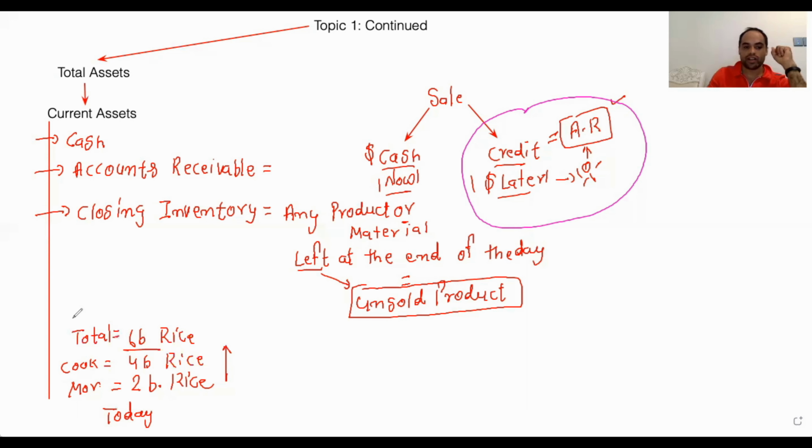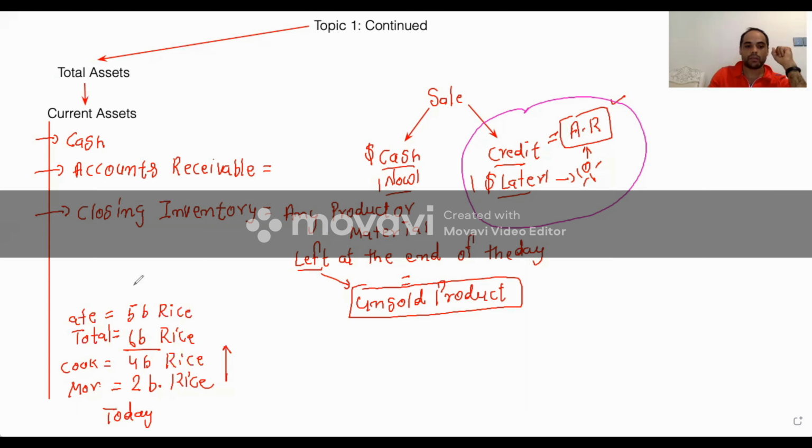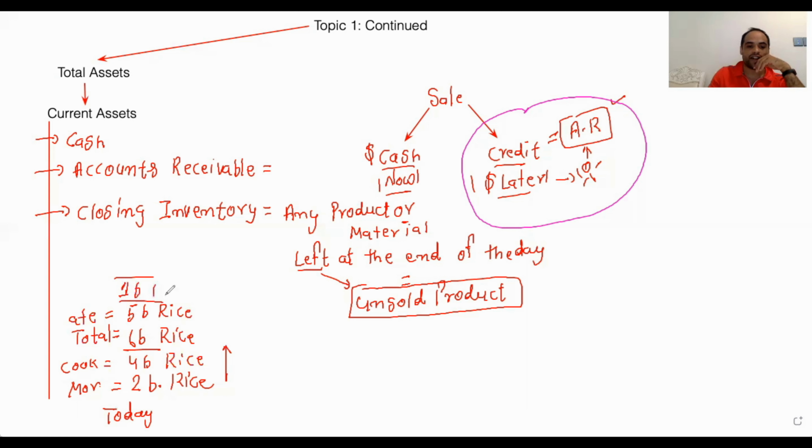And all day you ate 5 bowls of rice. How much rice is left at night, when you're going to sleep? 1 bowl of rice. So this 1 bowl of rice is left at the end of the day.